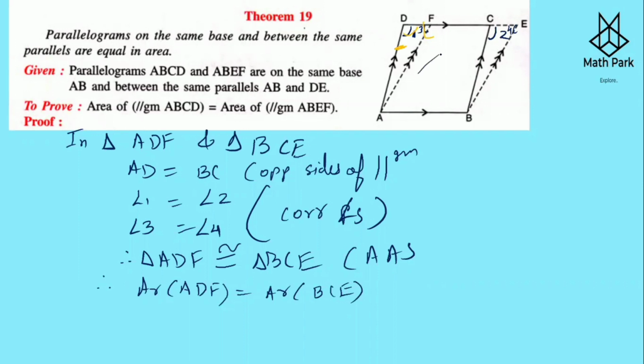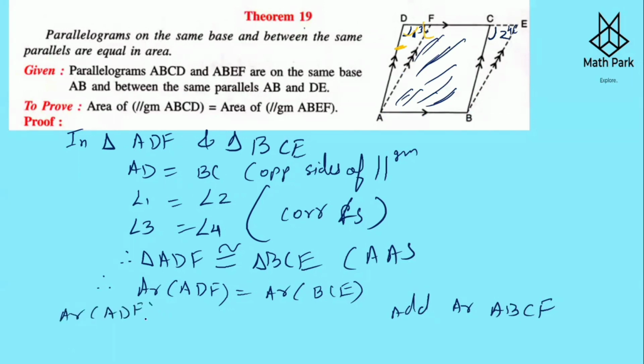Here we have this common quadrilateral. If I add area of ABCF to both sides, we get area of ADF plus area of ABCF is equal to area of BCE plus area of ABCF.